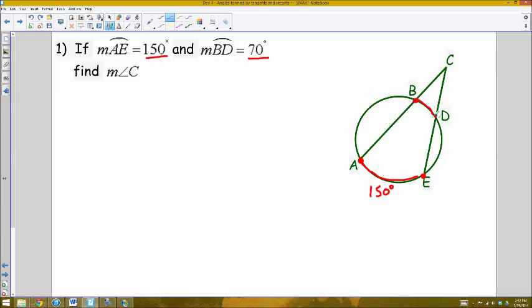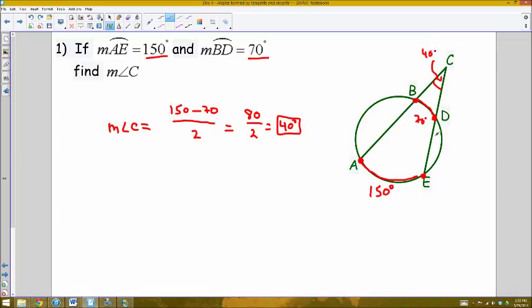So BD here is 70 degrees, and I'm looking for the measure of angle C, which is my angle here. Well, the measure of any angle is 1/2 the difference, so that'd be 150 minus 70 over 2. So 150 minus 70 is 80, over 2 gives me a 40-degree angle. So the measure of angle C, this angle, is 40 degrees.